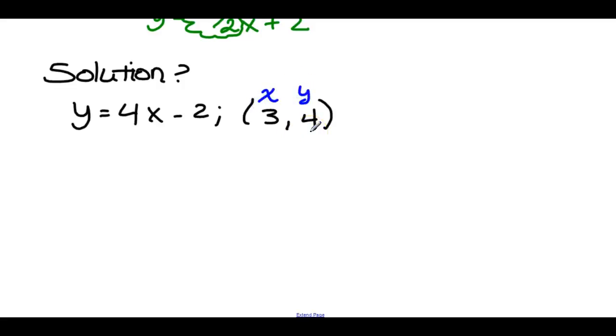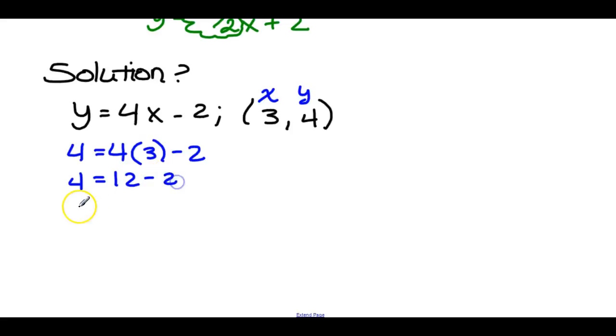So I'm going to rewrite this where instead of having just the x and y, I'm going to put in the coordinate pairs. So we have 4 equals 4 times 3 minus 2. So 4 times 3 is 12 minus 2. 4 equals 10. Is this true? No, this is not a solution. If they were equal, it would be a solution, but since they don't equal each other, it can't be a solution.